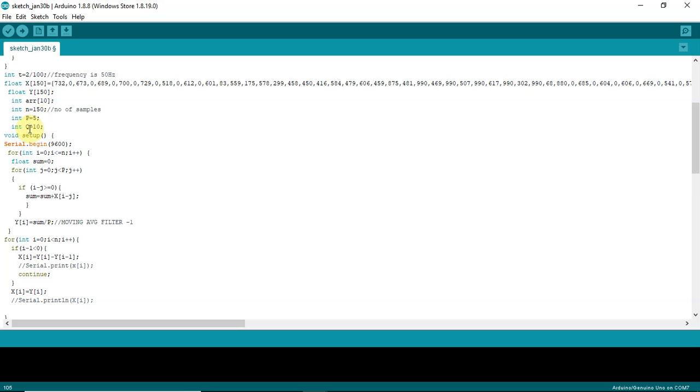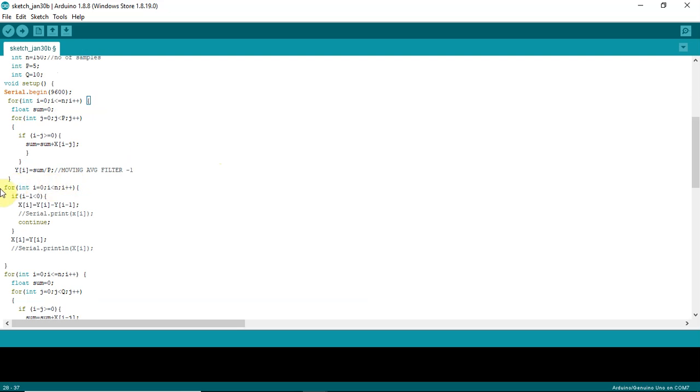Simple, we can write it. n is 150, the number of samples. p is 5 and q is 5, used to find the moving average for particular samples. Then again we begin with the baud rate of 9600, and this is the code to compute the moving average filter for a sample of 5.